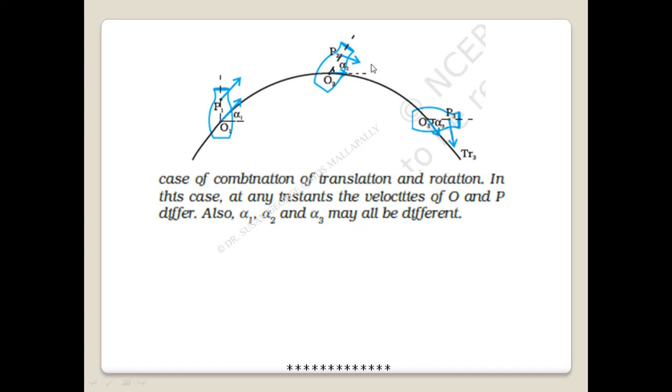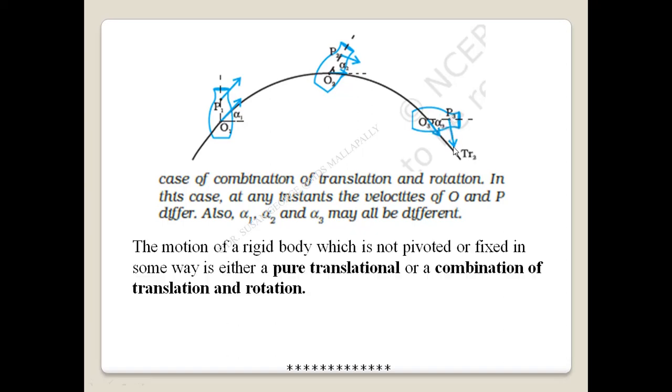And P2 is pointing in this direction whereas O2 is pointing in another direction. So here the particles' velocities are different. Look at the third position. The pot has come to another rotating position. So OP and the horizontal line will make alpha 3. It will be different.